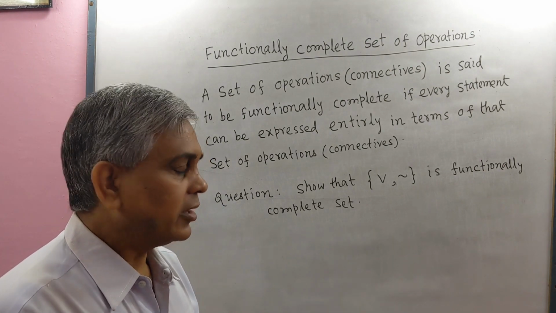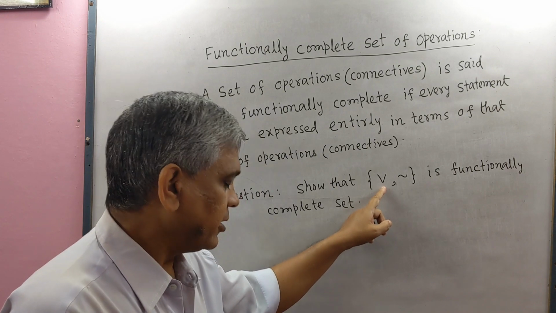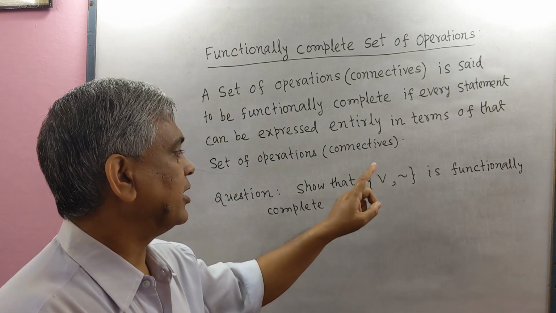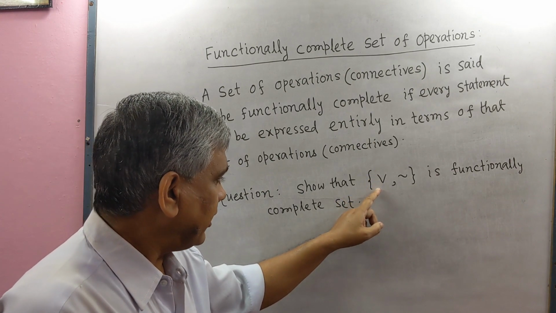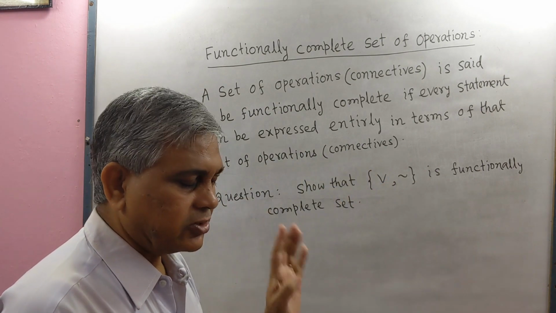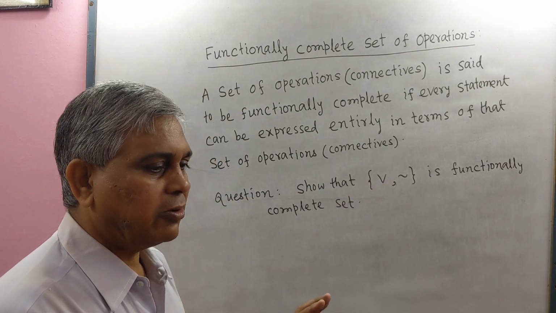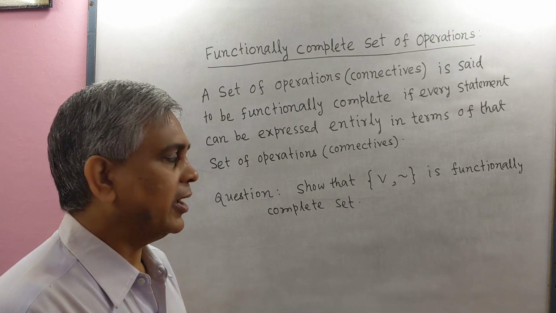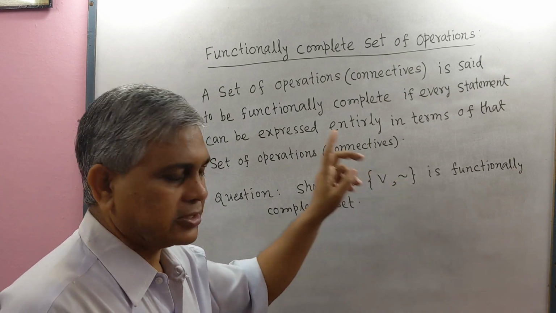Remaining connectives are conjunction. A conjunction may be expressed as the connectives disjunction and negation. Similarly, implication and double implication can also be expressed in terms of disjunction and negation.